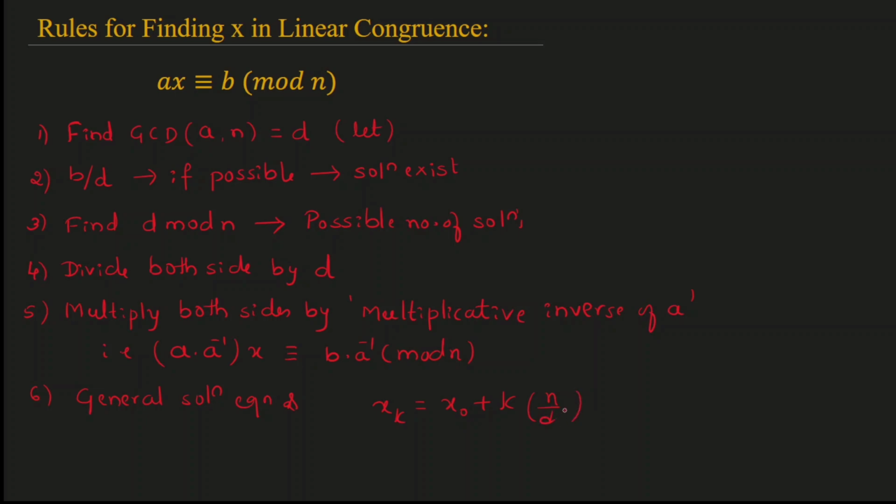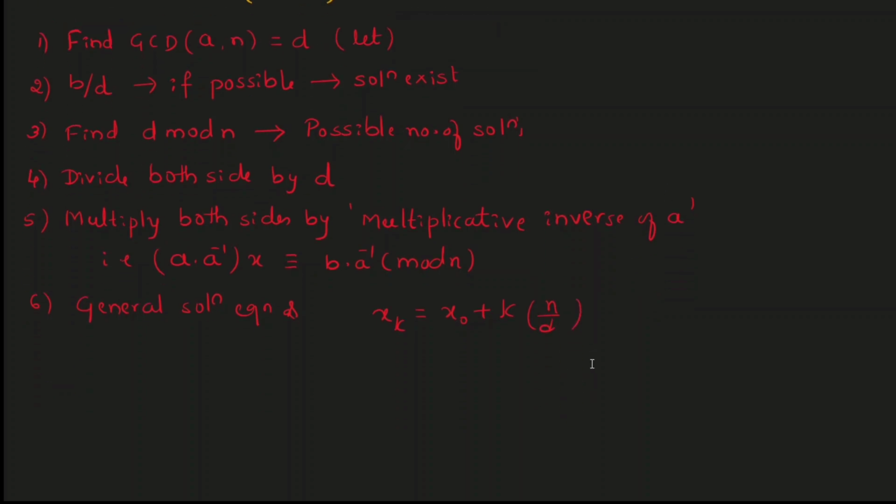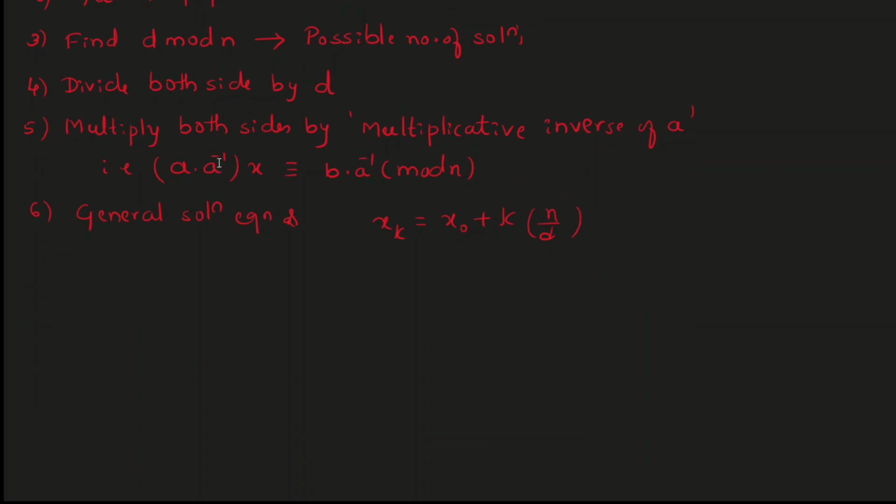Now, how are you going to find this general solution? Once you multiply a inverse on both sides, you will get an equation in terms of x. Express this as xk equal to x naught plus k into n by d.